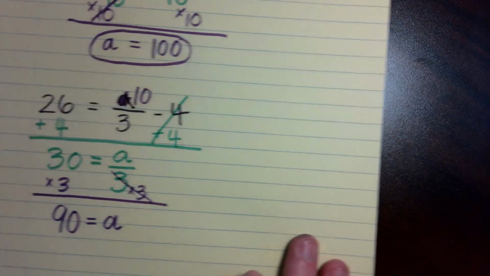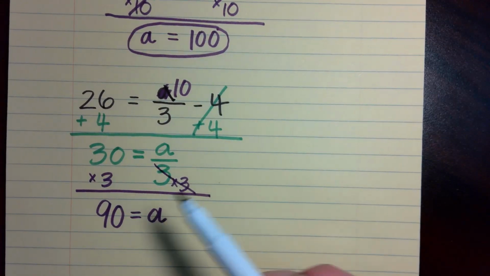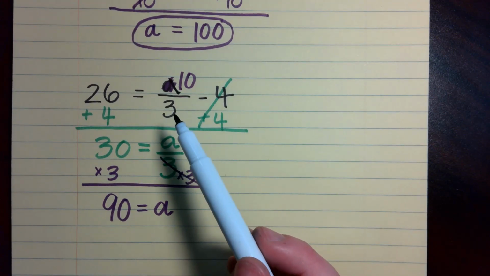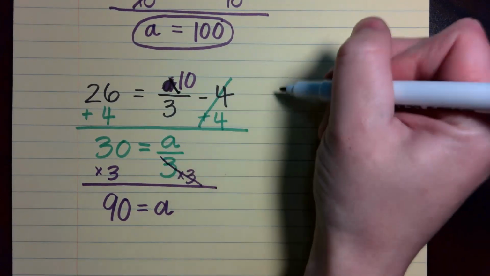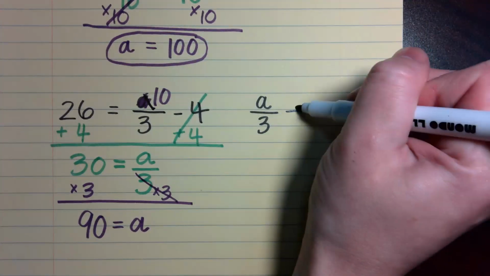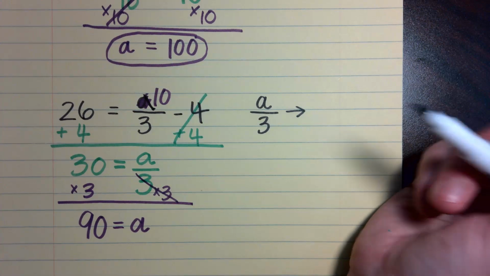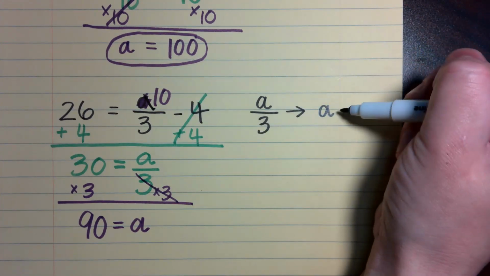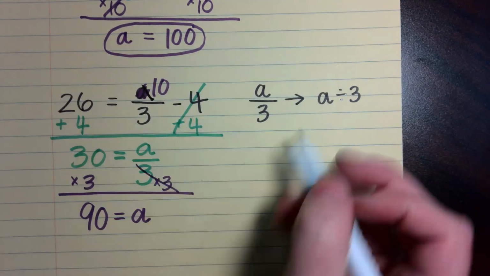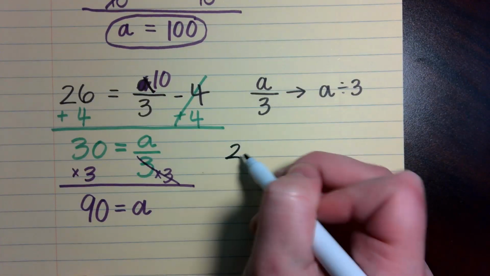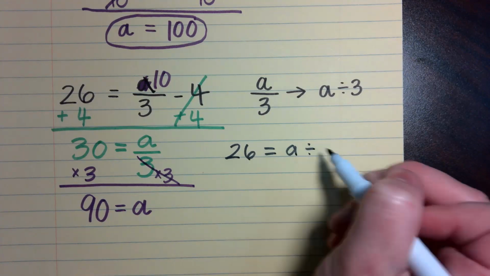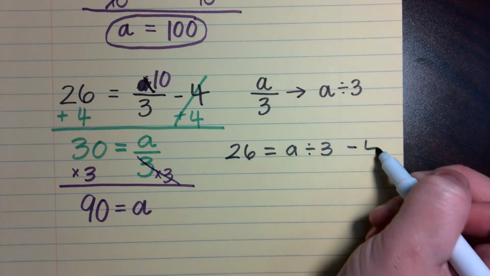So we know that whatever number is underneath the letter, that's what we're multiplying by. Yes, exactly. Because if I have A divided by 3, if it makes more sense to you, you could write this out as A divided by 3. So this would be the same thing as 26 equals A divided by 3 minus 4.